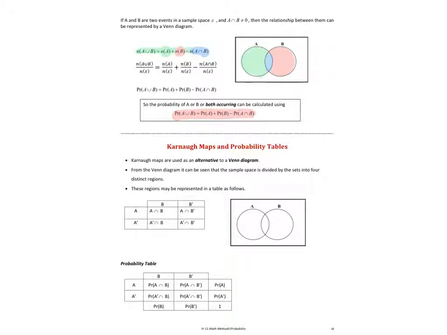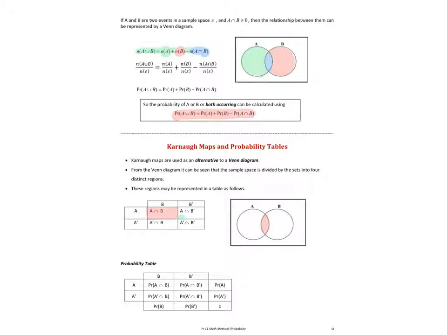Another representation is what we call our Karnaugh map, or a probability table. These are fantastic to represent the sections of our Venn diagram. If I want to match them off, we know that the intersection is that section there, which is this value, A intersection B. Now what's this section here?